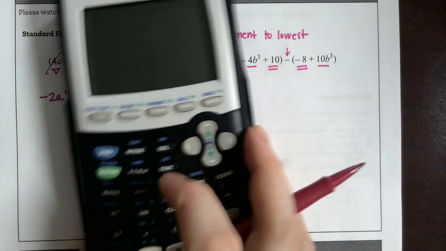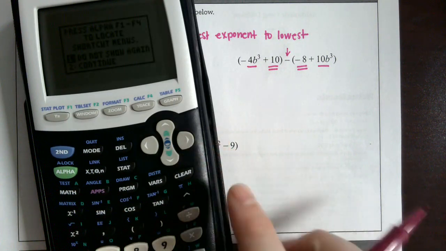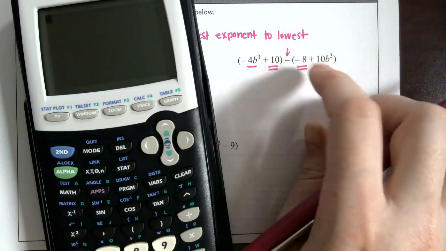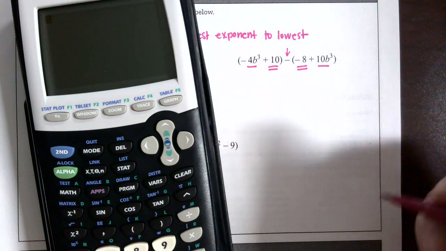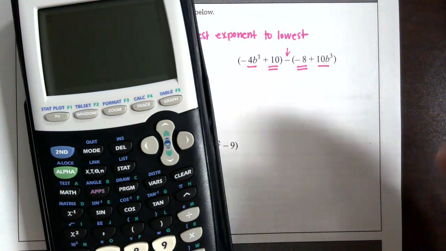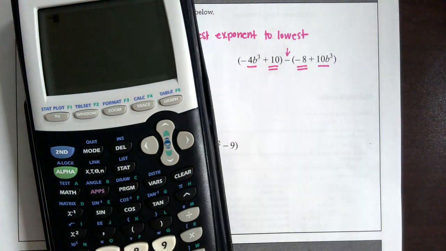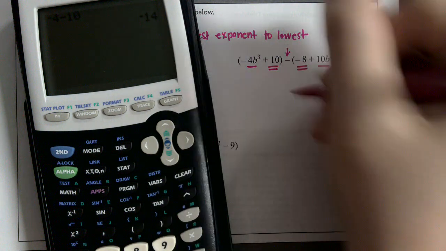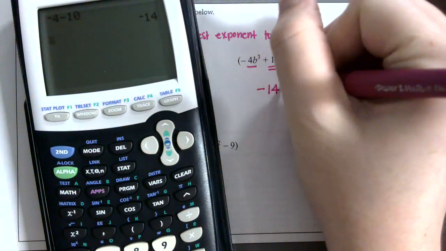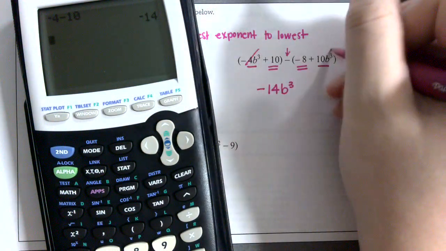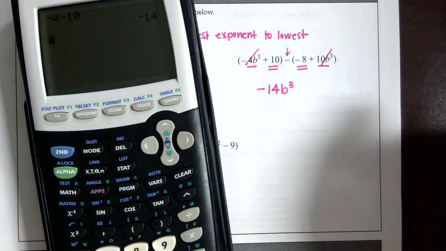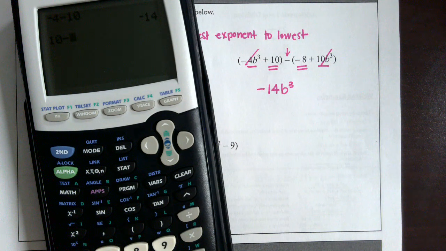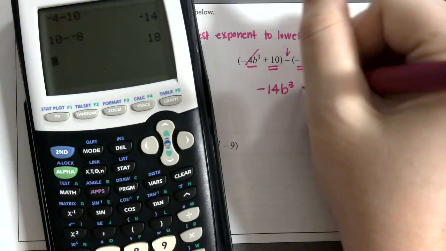With subtraction, I like to either use my calculator, or change this to an addition symbol, which I'll show you in a second. If I just want to subtract them, I'm doing -4 minus 10, so I get -14b to the third. Then I have 10 minus -8, which gives me 18.